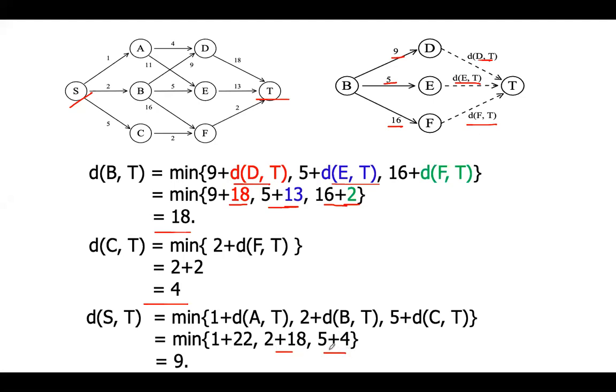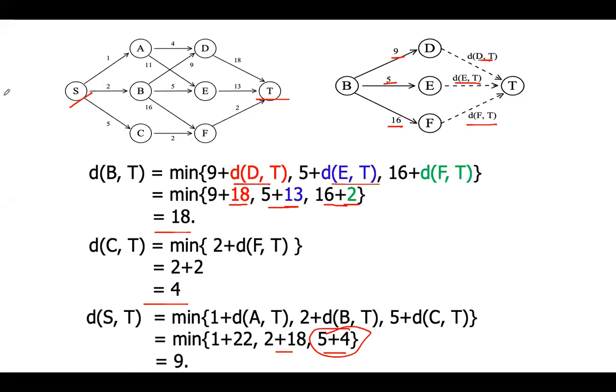Among these three, this is the minimum. So the minimum cost distance from S to T is from S to C to F to T.